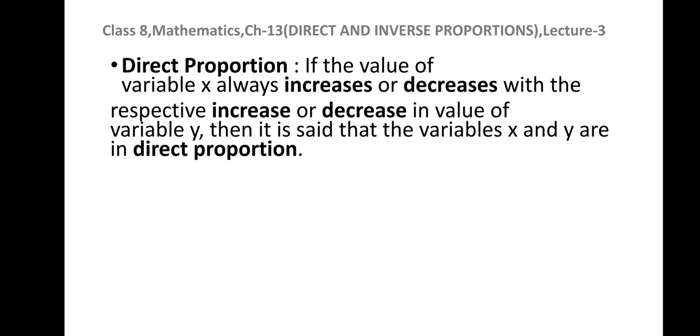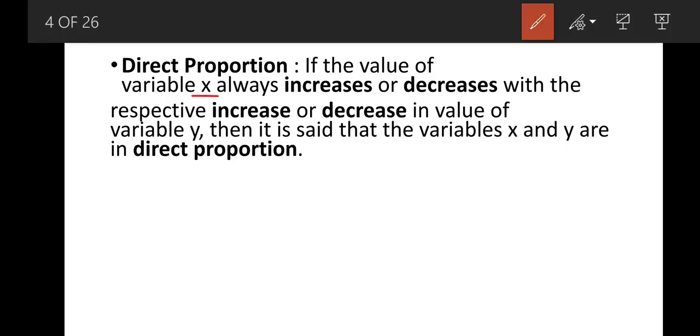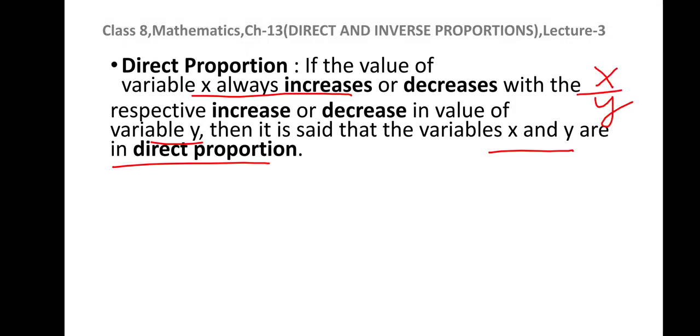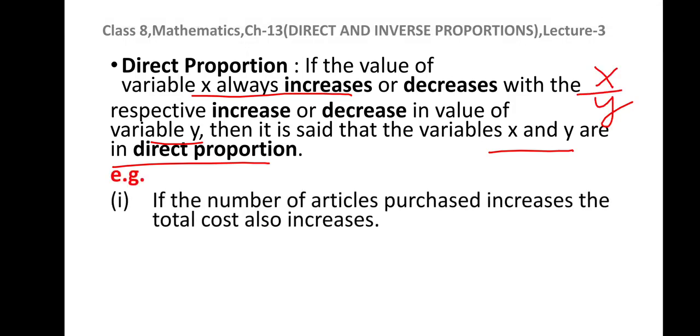So, if the value of x always increases and corresponding to that the value of variable y also increases, then the two variables are said to be in direct proportion provided their ratio x over y remains constant. Let us see. After these examples, I will explain how this x by y ratio should remain constant.